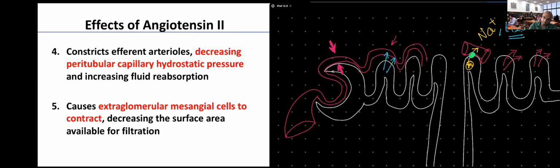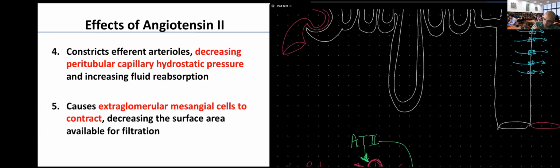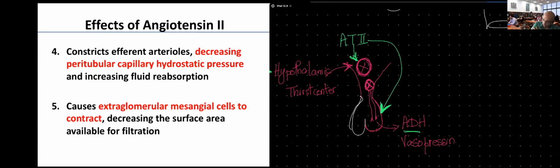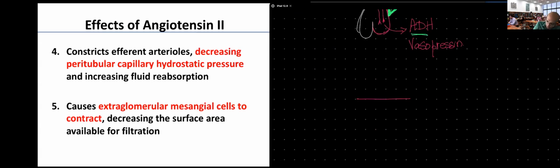So if I told you that angiotensin II is constricting my efferent arteriole, what's going to happen to the pressure in my peritubular capillaries? Would I have a decline or an increase in the pressure of the blood in my peritubular capillaries? What do you think? Imagine this is my efferent arteriole, and this is my capillary.